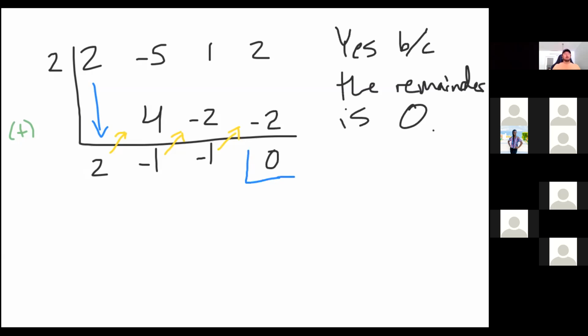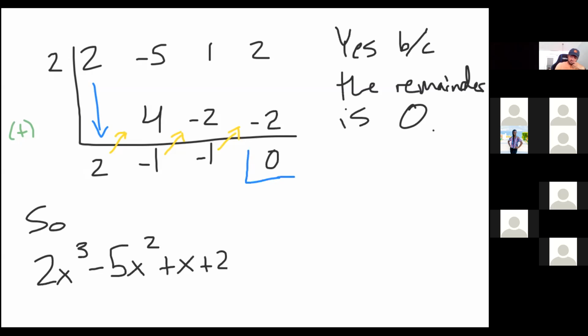So overall, what this is telling me is that when I take that polynomial, 2x cubed minus 5x squared plus x plus 2, not only is it evenly divisible by that term x minus 2, that means x minus 2 is a factor of it.